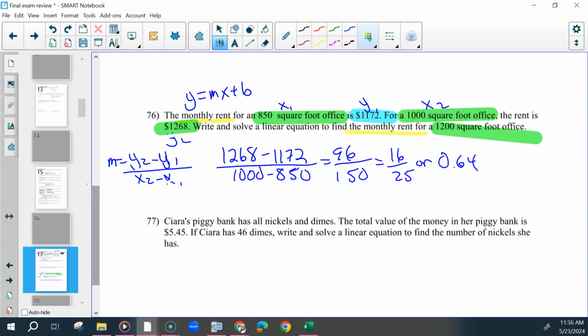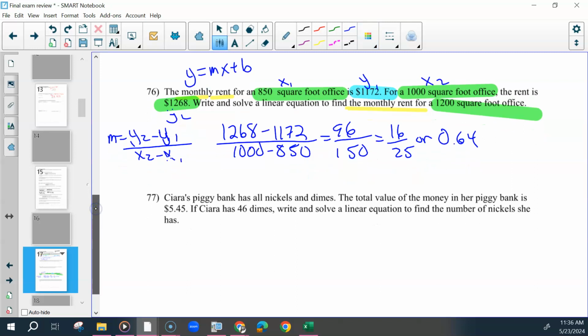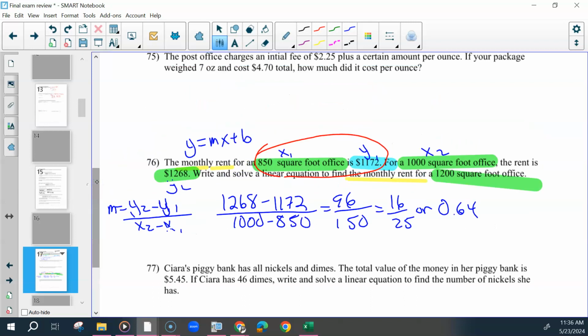But I still need to include the deposit. So I have to find my y value by taking one pair. Let's say I use this x and this y. And I'm going to use this equation, y minus y1 equals m times x minus x1.